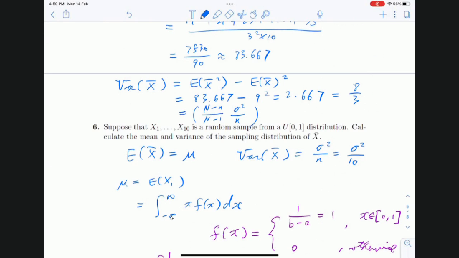But that is for the case of sampling with replacement or sampling from an infinite population. If we are drawing without replacement from a finite population, then we will have a finite population correction factor. This is the general result for the variance of the sample mean when drawing without replacement from a population of size capital N. I guess you've seen this before.